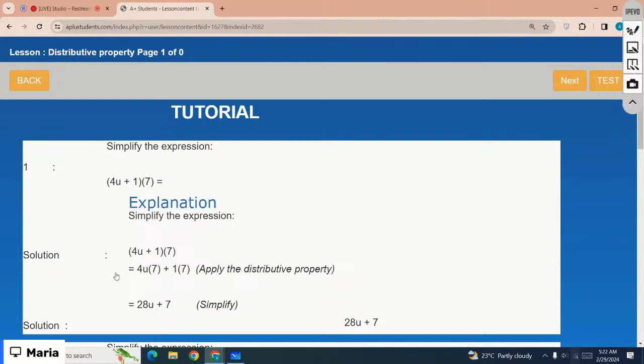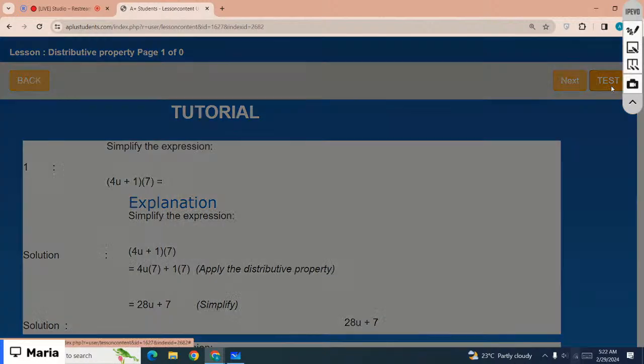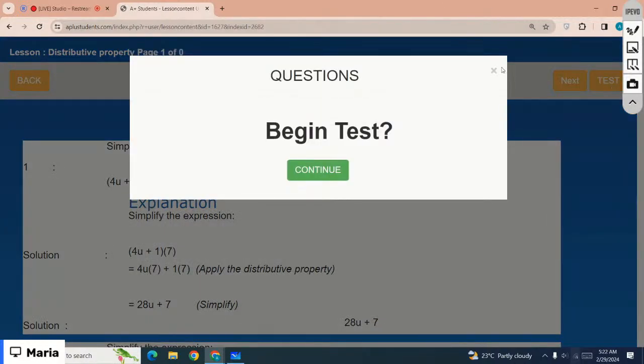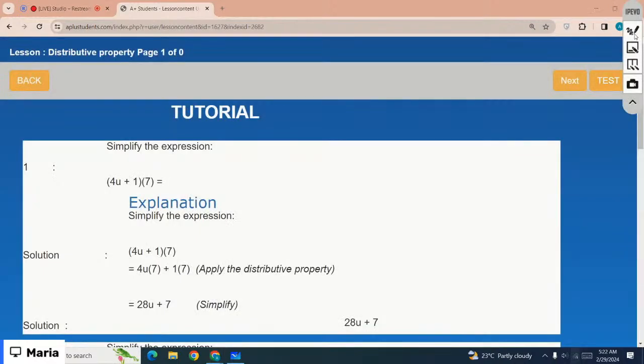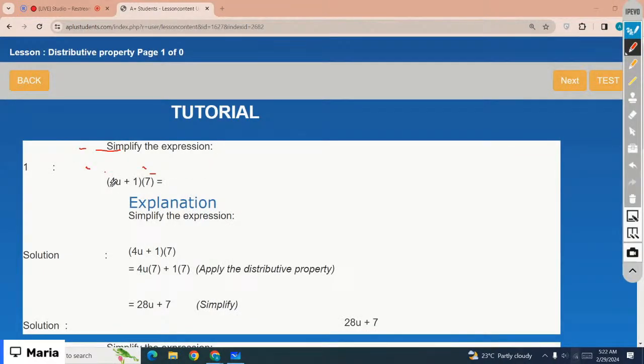Simplify the expression 7 times 4u plus 1, right? 4u plus 1 is inside the bracket, sorry, and outside you have 7. So you need to multiply 4u plus 1 by 7, right?